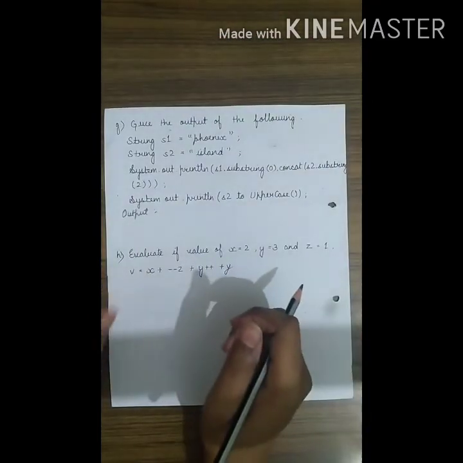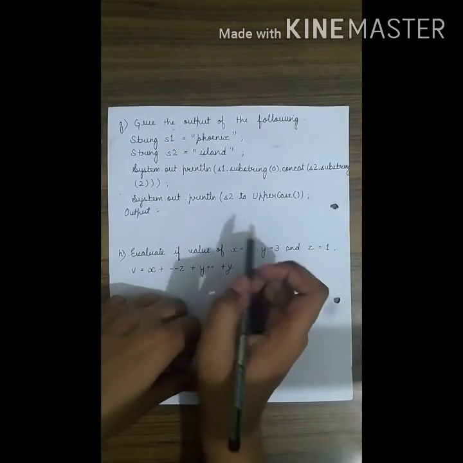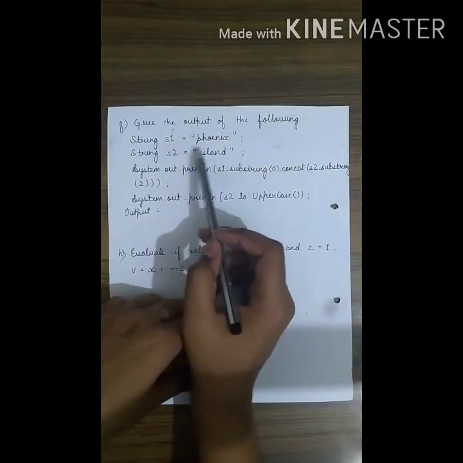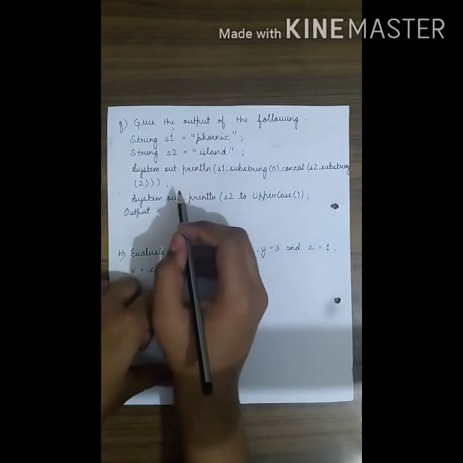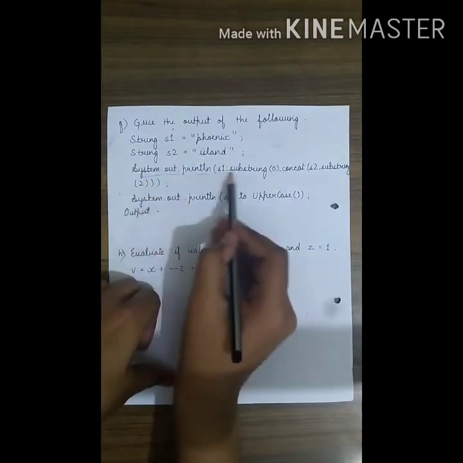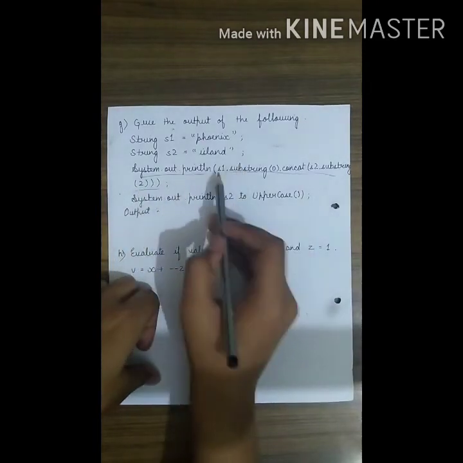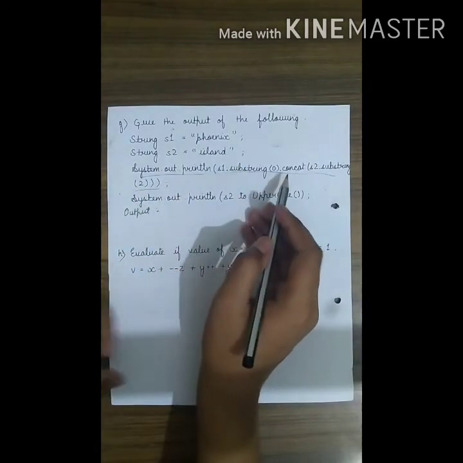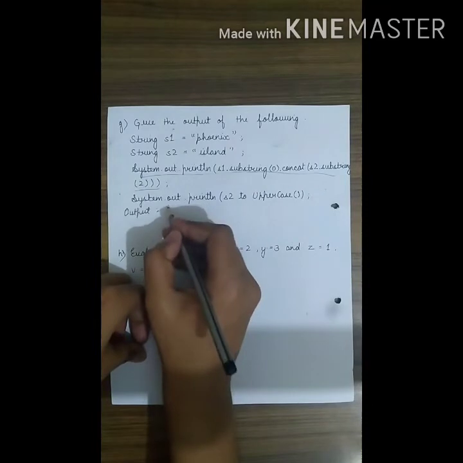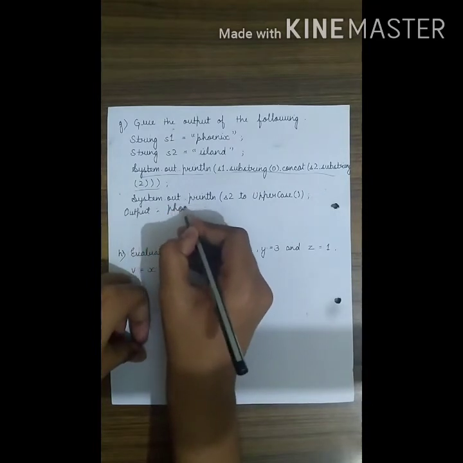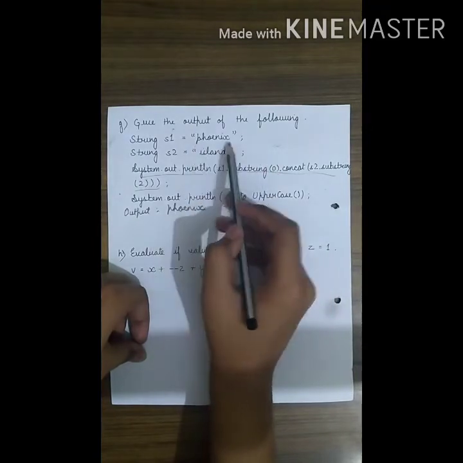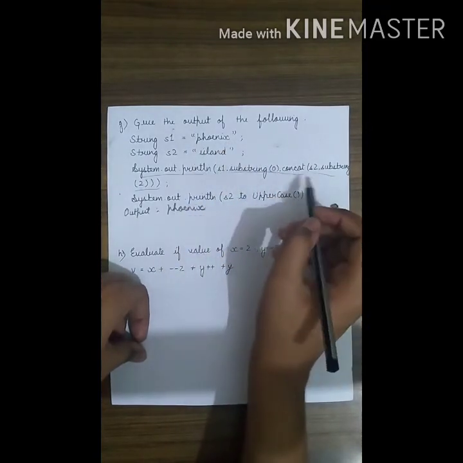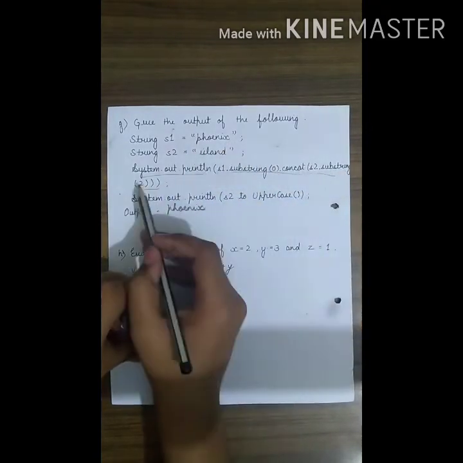Let's move to the G part. Give the output of the following. String S1 is equal to Phoenix and string S2 is equal to Island. We have to give the output of this statement. So S1.substring, we will write S1 as Phoenix from the very beginning, and S2.substring(2).